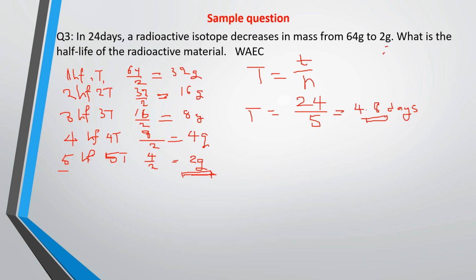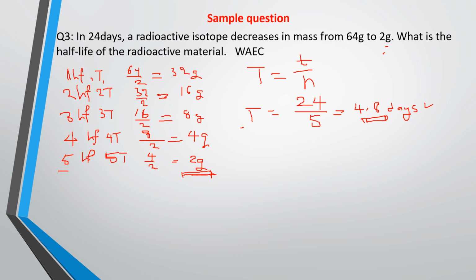The half-life of the substance is 4.8 days. If you multiply 4.8 times 5, you get 24 days.